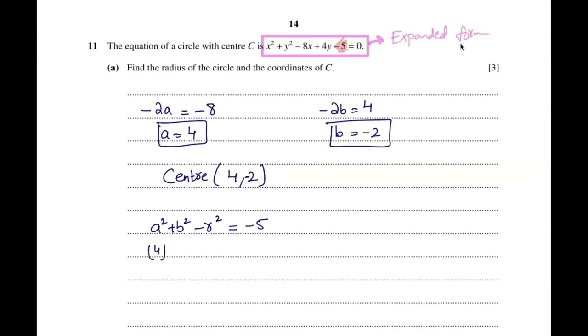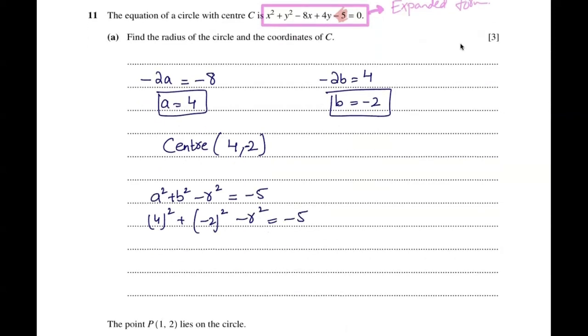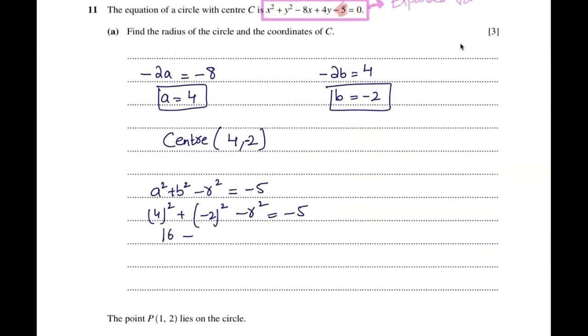A value is 4, b value is minus 2, and the constant value is minus 5. So that gives you 16 plus 4 minus r squared equals minus 5. 20 plus 5 equals r squared. So r squared is 25. So the radius is going to be 5.